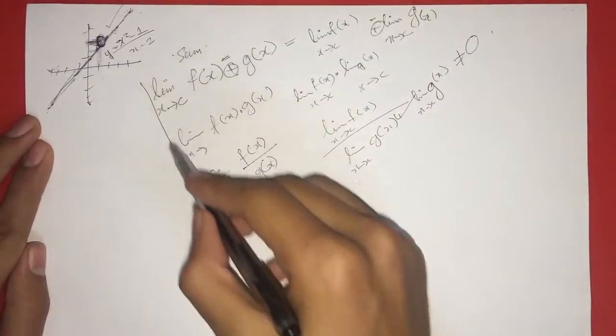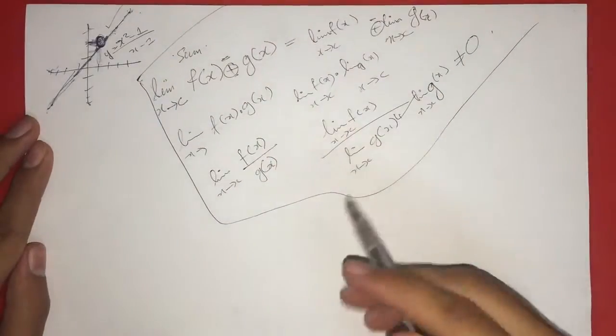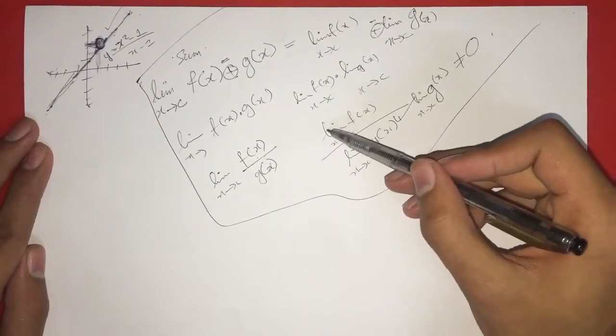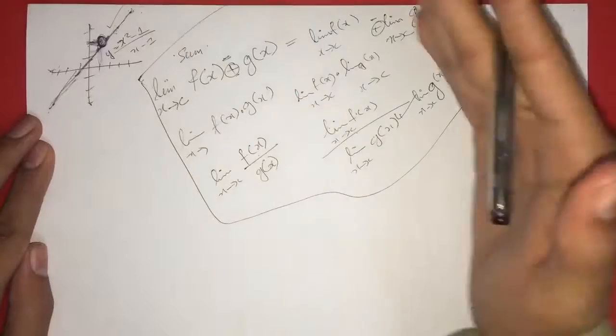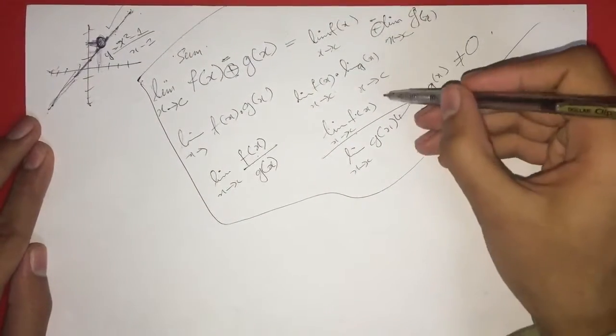These are some of the properties. There is also a constant property, where you multiply the function by a constant, and the constant separates from the limit and is multiplied by the limit of the function itself.